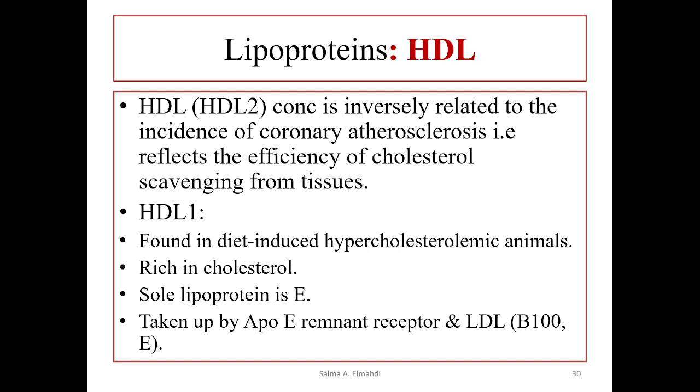What about HDL1? HDL1 is found in diet-induced hypercholesterolemic animals, so it is in laboratory animals. It is rich in cholesterol, and it has one type of apolipoprotein, and that is ApoE. HDL1 can be taken up by ApoE remnant receptors and the LDL receptor.